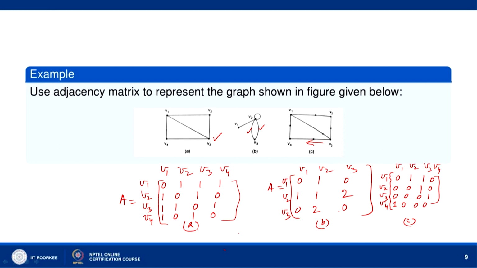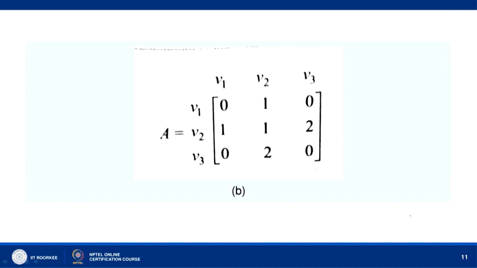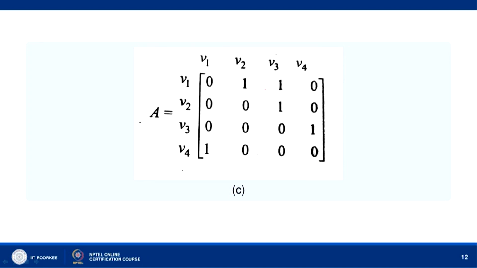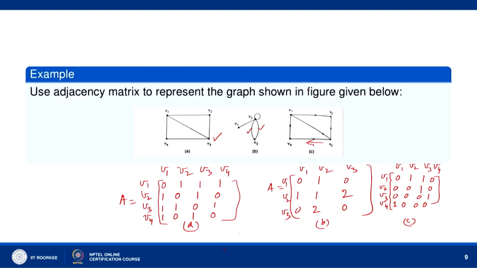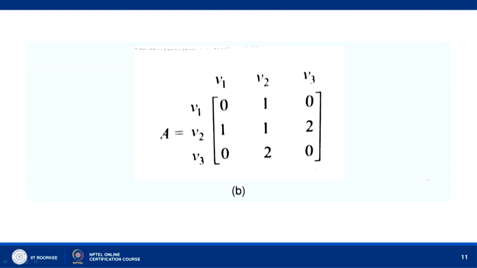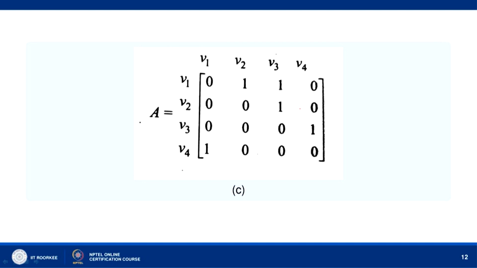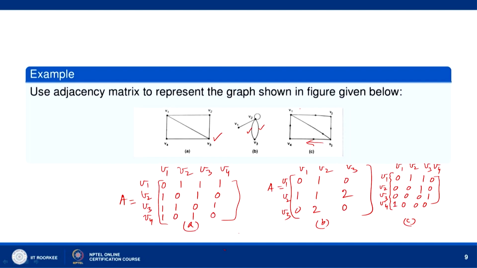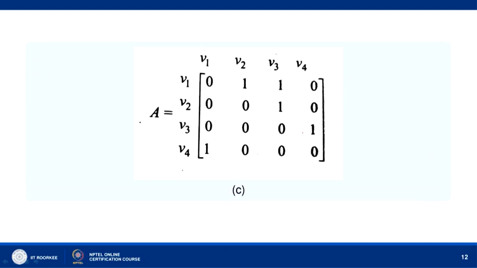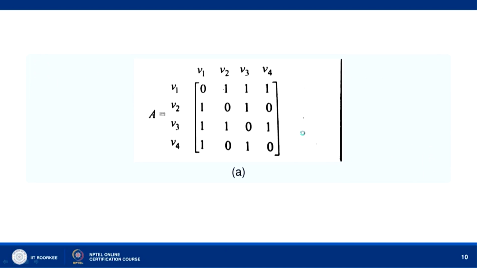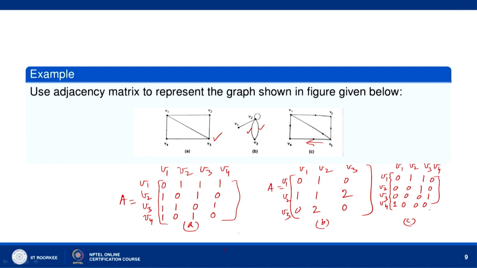And then we have the adjacency matrix for part C, let us see that one also. So, we have 0 1 1 0, 0 0 1 0, 0 0 0 1, then 1 0 0 0.